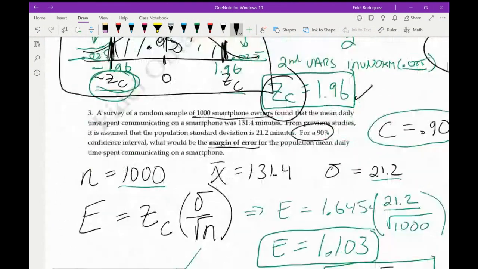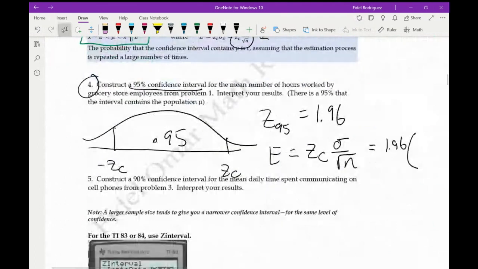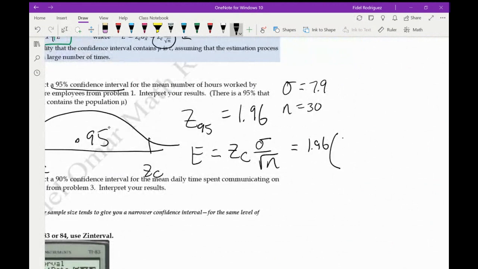We also knew from the first problem that we had 30 employees. So I'm going to go 7.9 divided by the square root of 30.